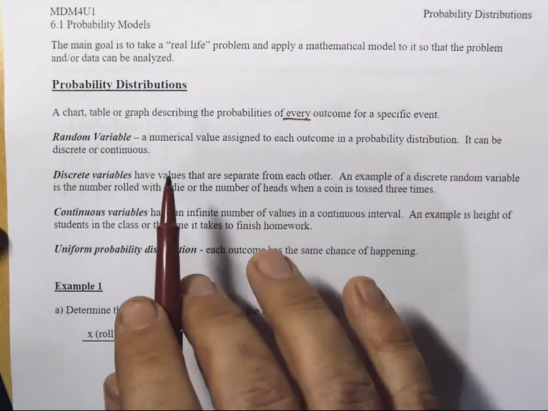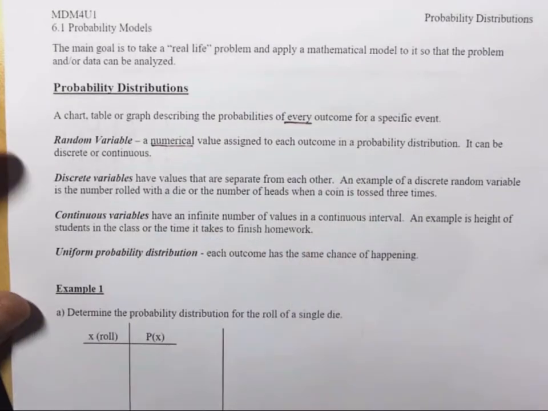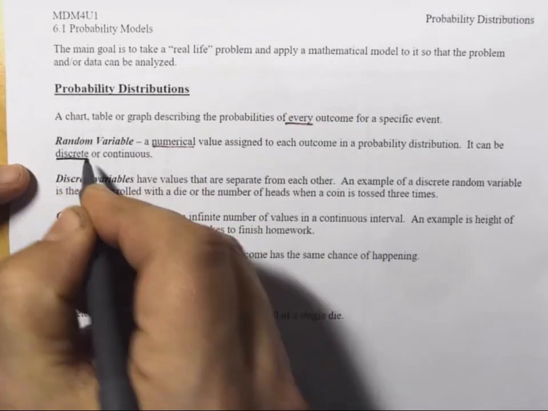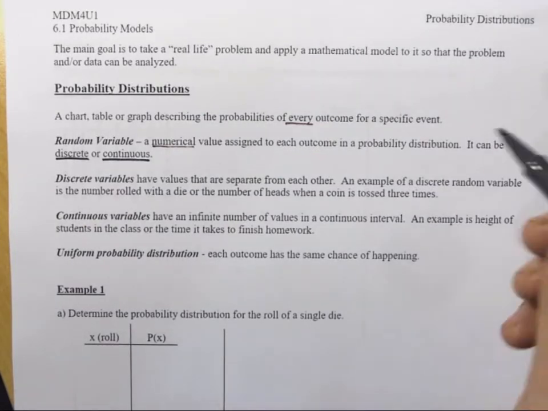A random variable is a numerical value, numerical is important, assigned to each outcome in a probability distribution. It can be discrete or it can be continuous. A discrete variable has values that are whole numbers, separate from each other.